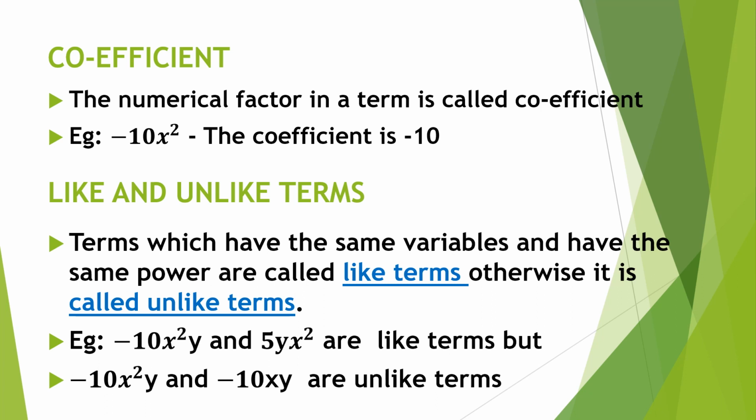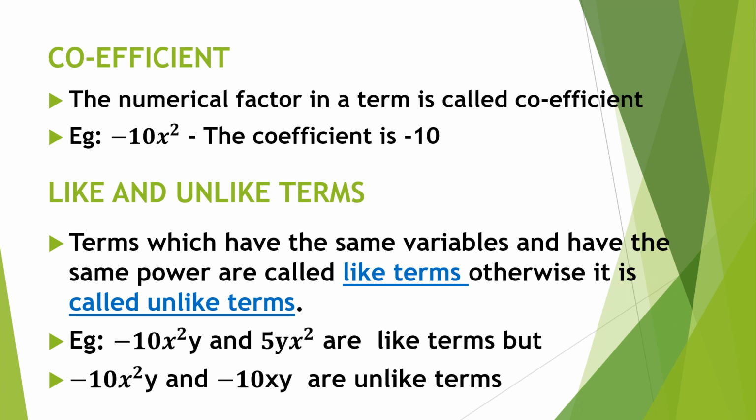Here the power of x is 2 and in the second term the power of x is also 2 only. And power of y is 1 and in the second term the power of y is 1 only. Hence minus 10x square y and 5yx square are like terms. Don't think about the numerical parts, whether they are equal or not equal. That is not a matter.